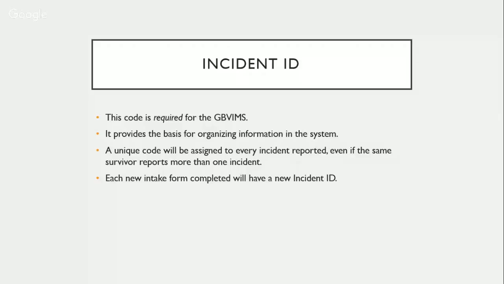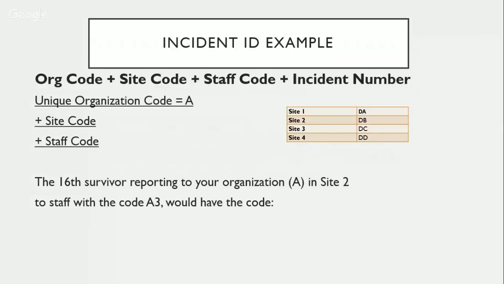The incident ID will be determined in your setting, but let's give you an example. Your incident ID might include a code for the organization, a code for the site, the staff code, and a sequential incident number. Let's go through an example together. Let's say that you've determined your organization code is A. You've also determined a table of site codes for each site.